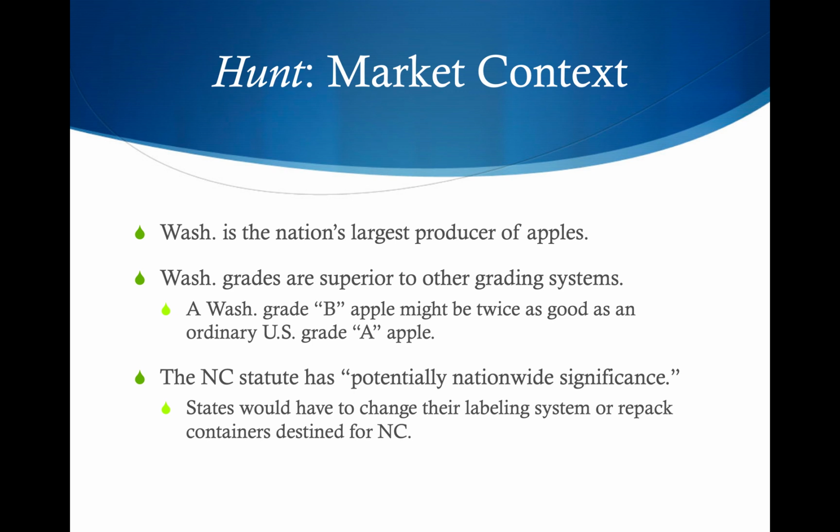Or the alternative would be Washington apple producers could simply disregard the state grading system and use the U.S. grading system, but that would mean the practical effect of the North Carolina law was to change the way that apple growers do business throughout the whole U.S. And so it seems like one single state, North Carolina, is dictating how a nationwide market should work. So, as the court calls it, potentially nationwide significance to this statute.